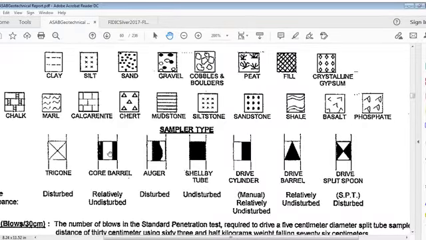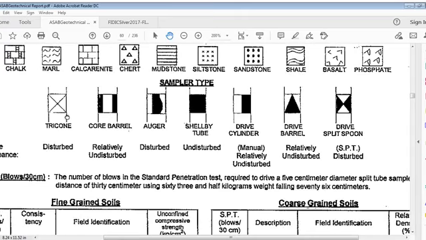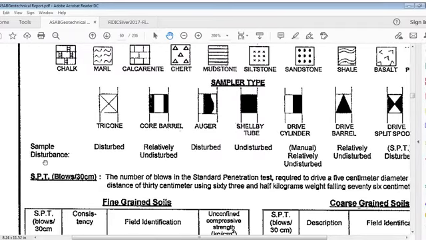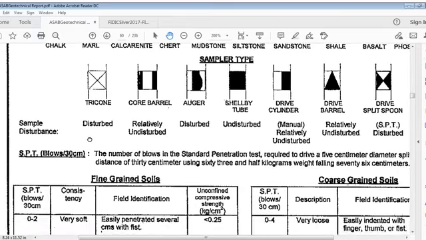Sampler type. This sampler type is related to this one. When you use a tricone, it means disturbed. Cone barrel is relatively undisturbed, and auger is disturbed.